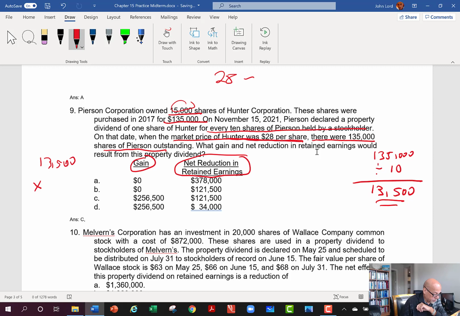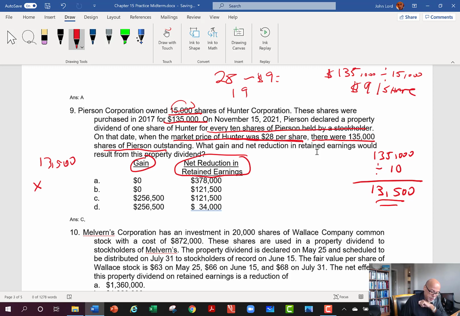But the market share is 28, and the original cost of the shares is what? That's where I have to do some math here. The original cost of the shares was $135,000, and I divide it by the 15,000 shares. That gives me a price of $9 per share that they had originally paid. So if you take the 28 minus the $9 per share, that means there's a gain of $19 per share.